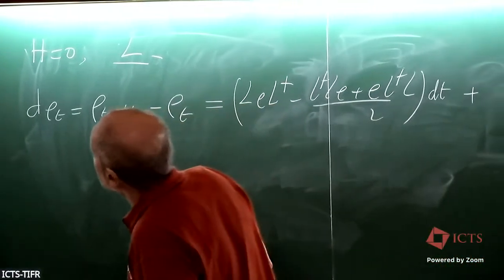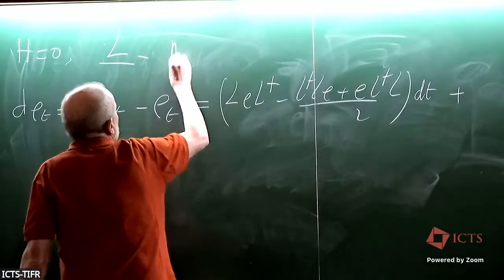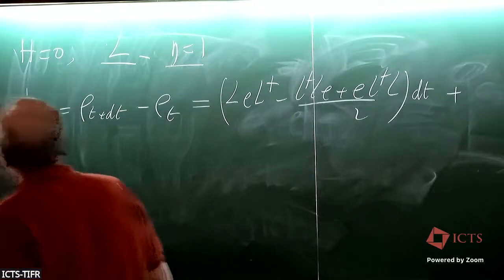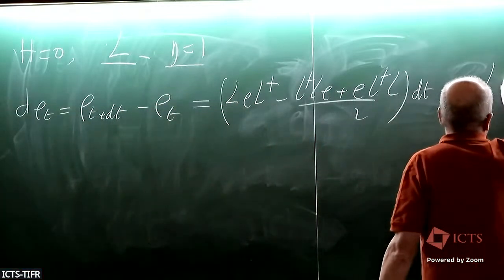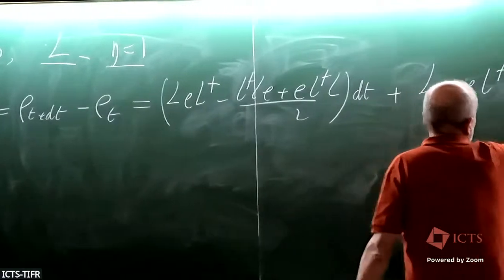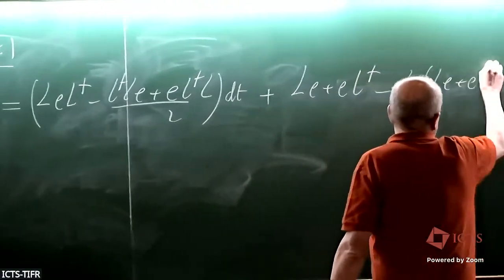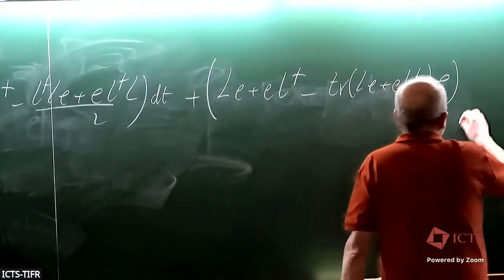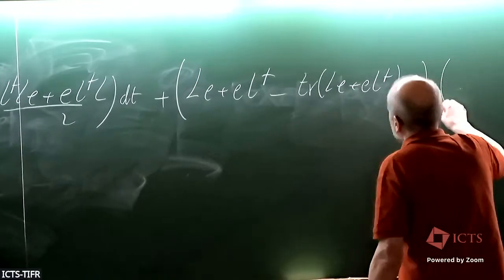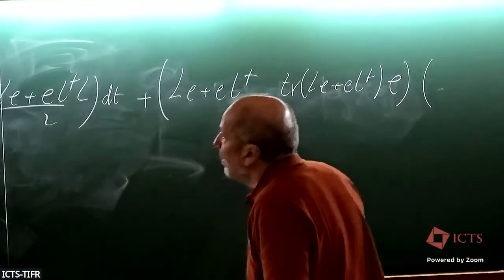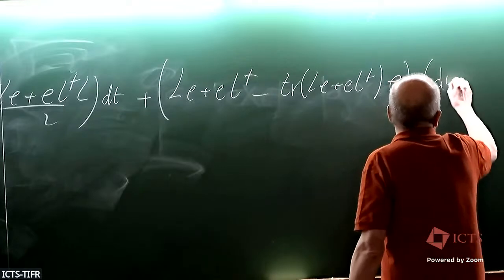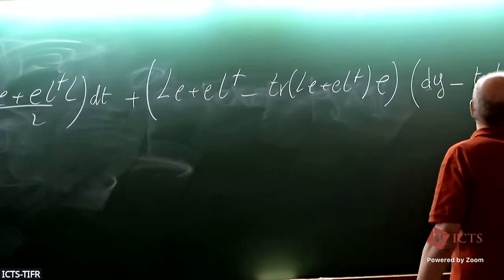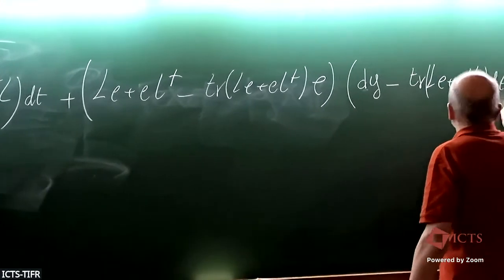I will take eta equal to 1 in this case, to see that it is exactly the same thing. Plus, in fact, I have L rho plus rho L dag minus the trace of L rho plus rho L dag, rho. And what is dW? dW is dy minus the trace of L rho plus rho L dag dt.